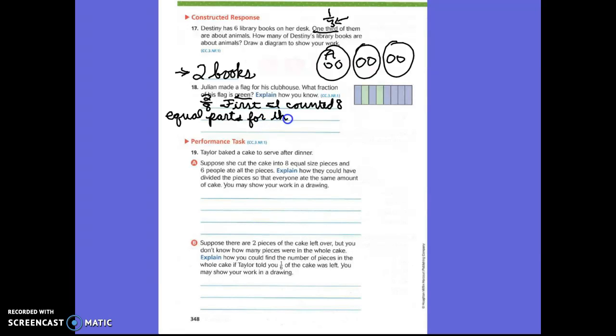Good. Find the next one then. We looked at the what? The green parts. The numerator was the number of green parts. Or we'll say the numerator was the 2 green parts.